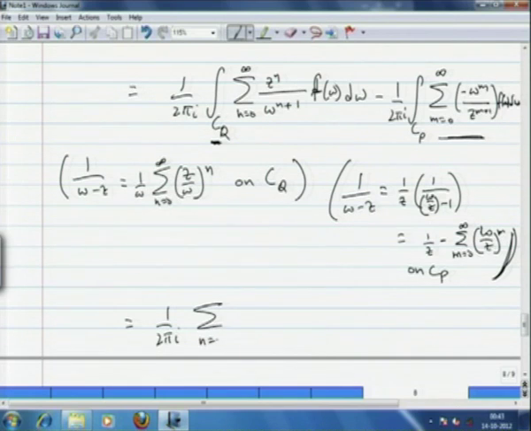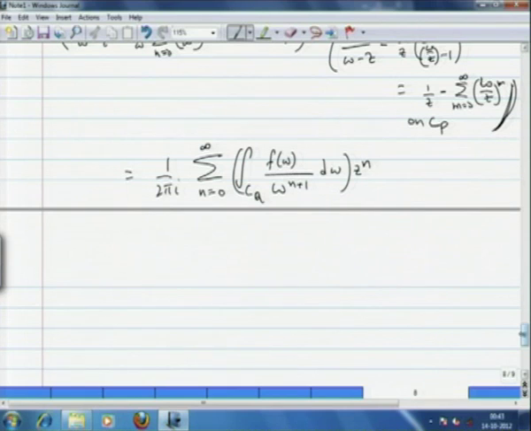equals 0 through infinity, okay, integration over C q of f of w by w power n plus 1 dw, okay, times z power n, okay, and maybe I want to put the 2 pi I inside as well. Okay.